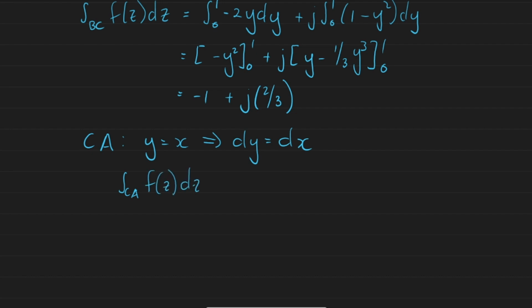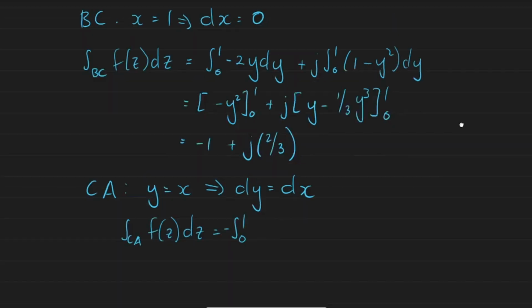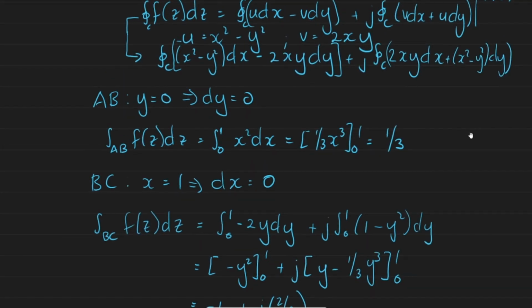If we do that, we get the integral over CA of f(z) dz. So that's going to equal the integral, well, it's going from 1 to 0. So we can take the integral from 0 to 1 and reverse it. Instead of writing 1 to 0, we just write minus 0 to 1. So we have x squared minus y squared, y is equal to x.